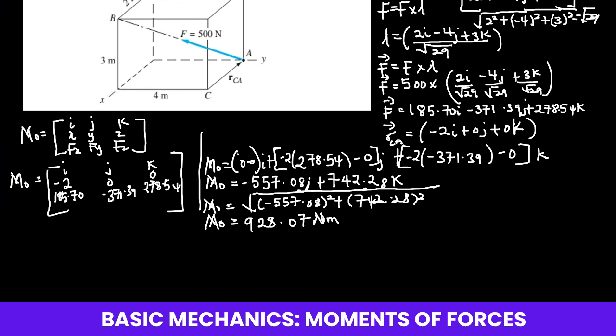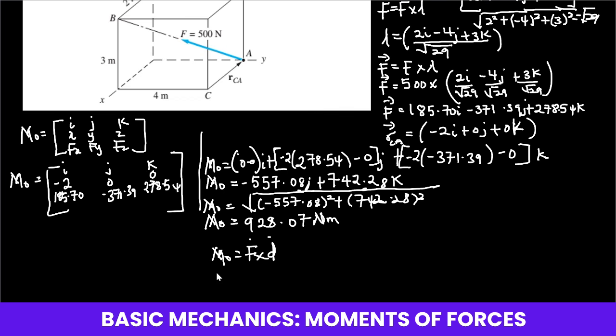Now once we are done, we are supposed to find the perpendicular distance. You know that the moment is equal to the force multiplied by the distance here. We now know the moment and we know our force. We need to find the distance, so what are you supposed to do?